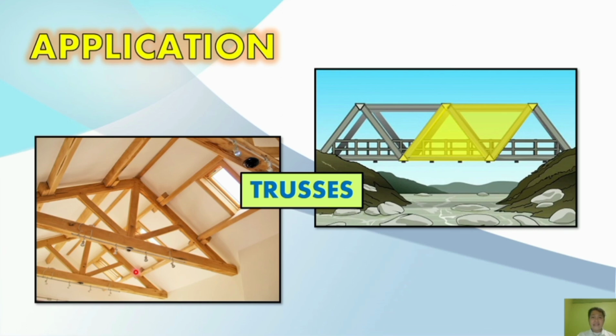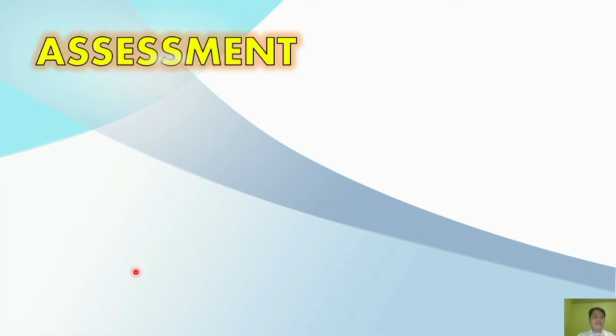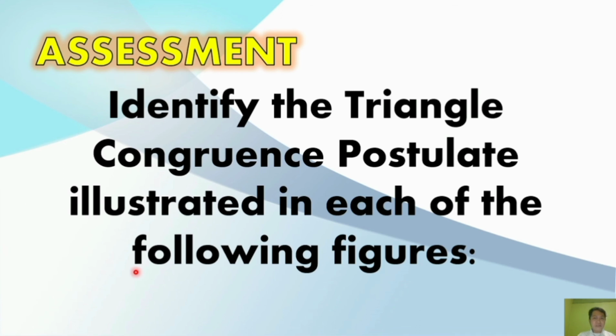Okay, so I guess that ends our lesson for today. So all you need to do now is to answer the following assessment. Identify the triangle congruence postulate illustrated in each of the following figures. Ano po ang gagawin?